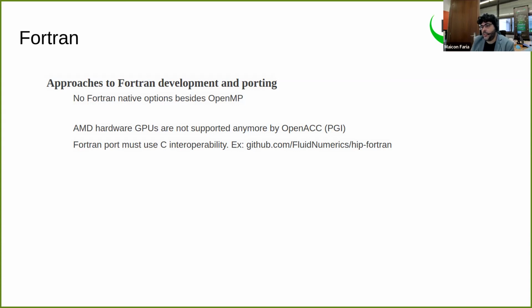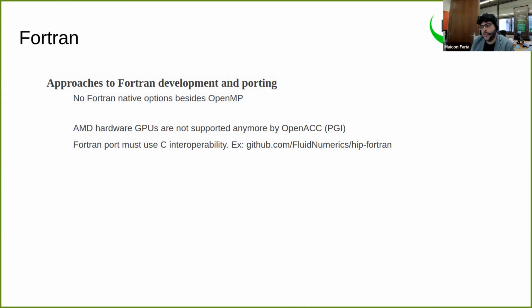And also, if you have old Fortran code, use C interoperability, because there is no explicit CUDA approach for development using Fortran available right now that has some critical mass of people working on it. So I would recommend using C interoperability for that.